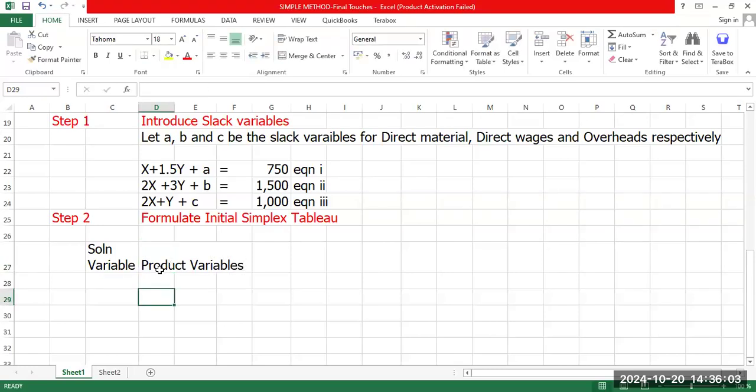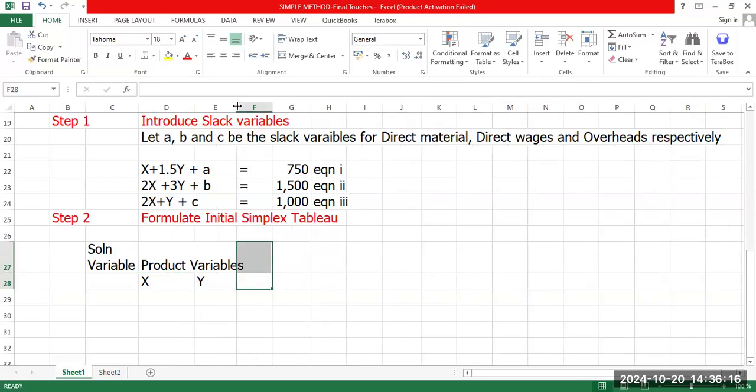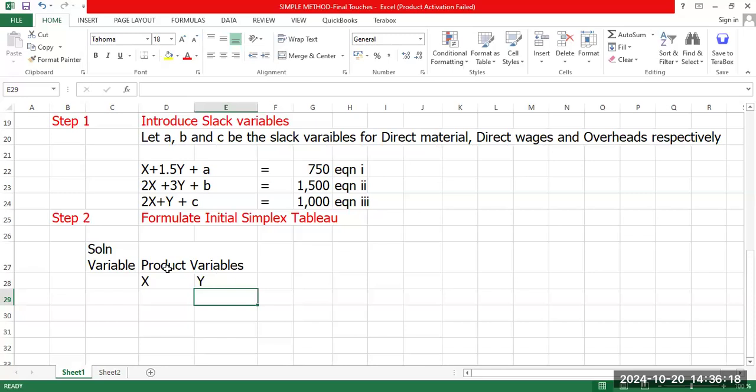And how many are your product variables? You have X and Y. Remember, product variables, those are unknowns. Once you put your product variables, go ahead and put slack variables.